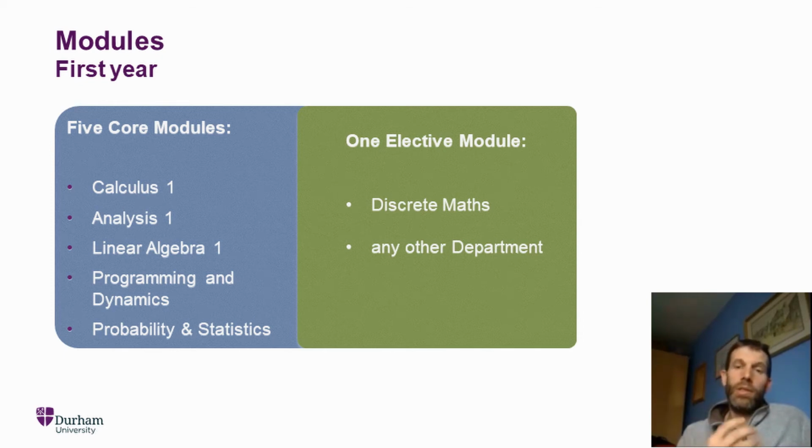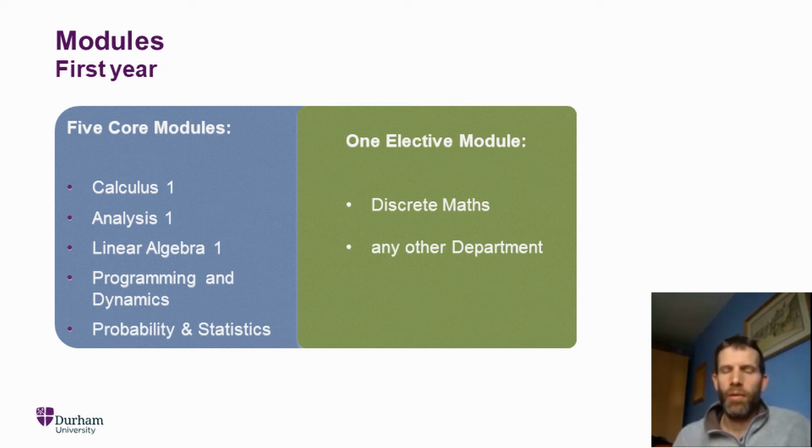Now, I told you had to do 6 modules, so then there's 1 additional module you need to do, and in principle you can do any module anywhere in the university, obviously subject to, first of all, timetabling with the core modules, and second of all, subject to any prerequisites that the other department might have.